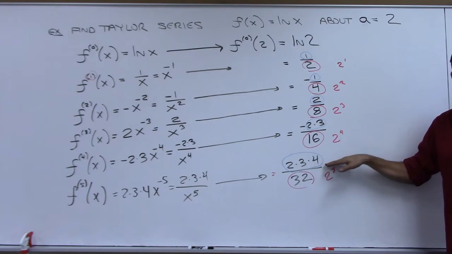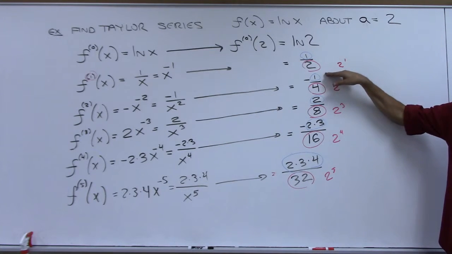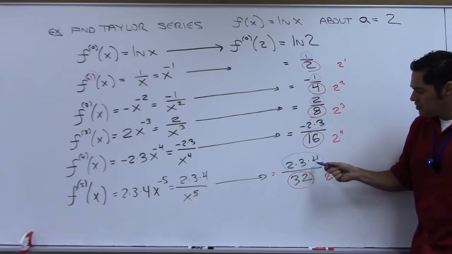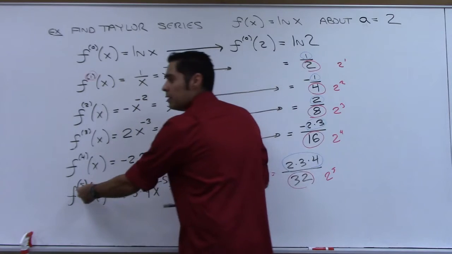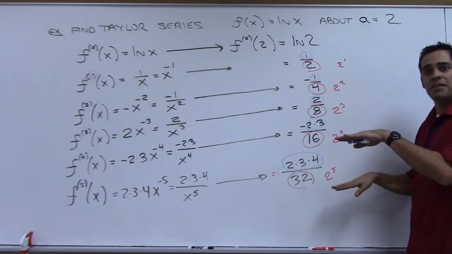We said these look like factorials, right? Like this is 4 factorial, 3 factorial, 2 factorial, 1 factorial, 0 factorial. Good, that works. And then if this is 4 factorial, but it's happening at the 5th derivative, it's 1 less than the derivative, isn't it?